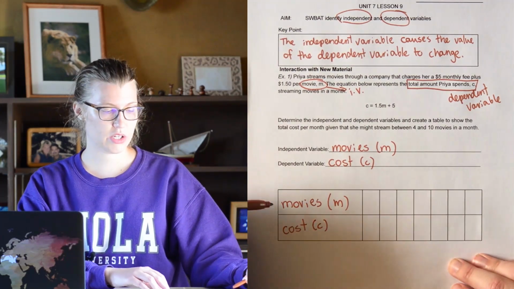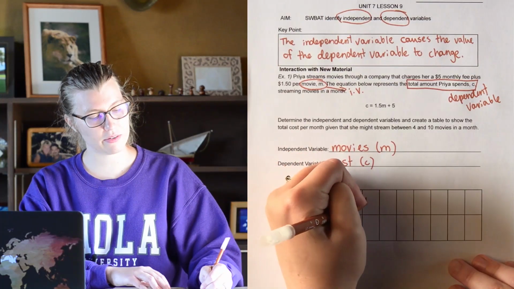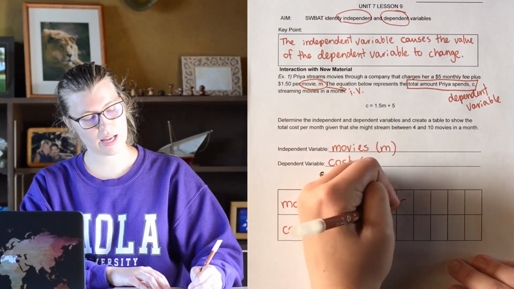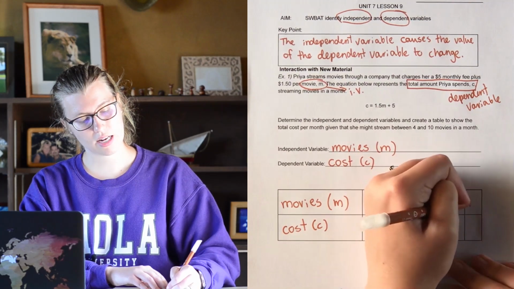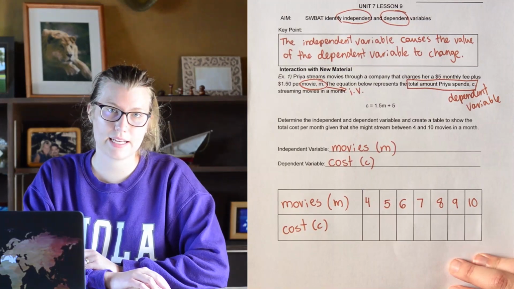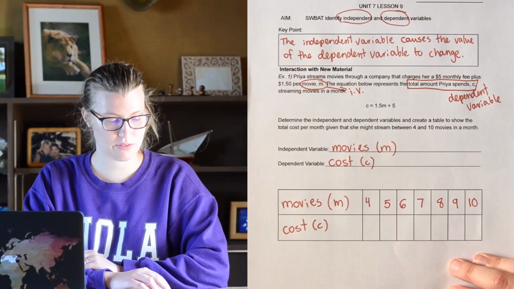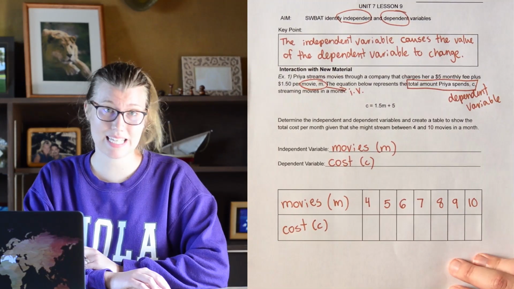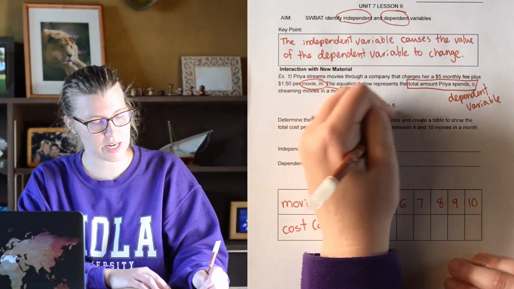All right, so movies, it says it's between 4 and 10. So let's fill that out. 4, 5, 6, 7, 8, 9, and 10. That's what I get to decide. It didn't depend on anything other than what I decide. Independent variable. Now let's talk about the dependent variable. How much it costs. Well, it gives me the equation right here.